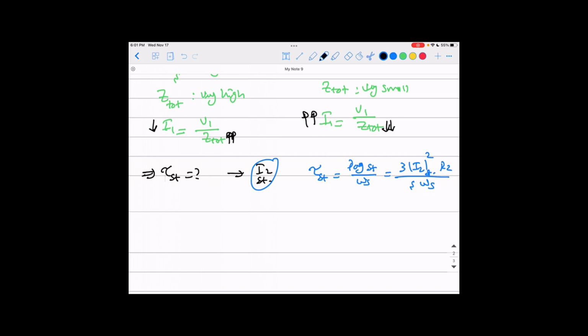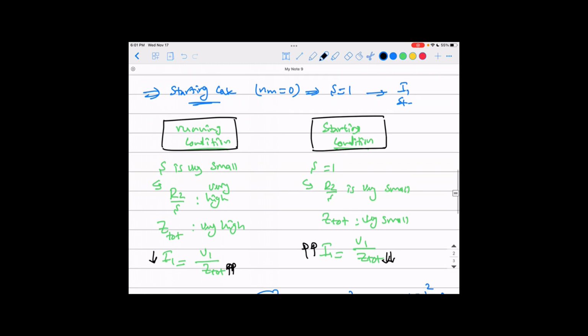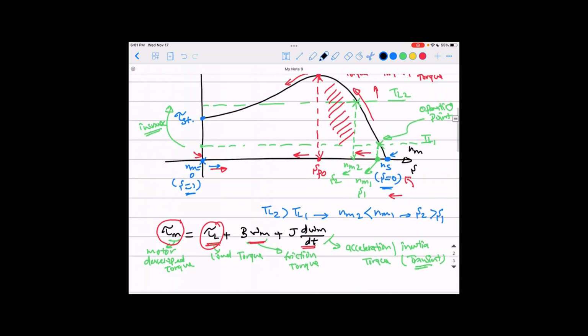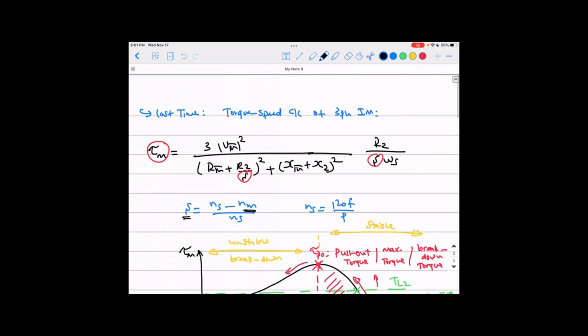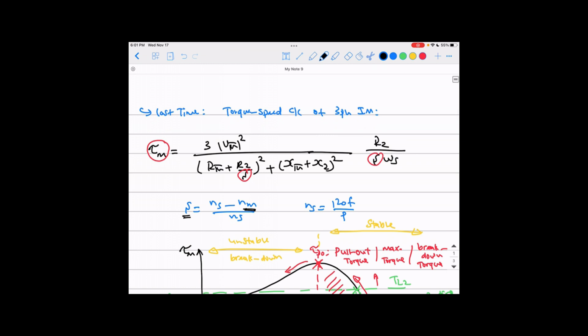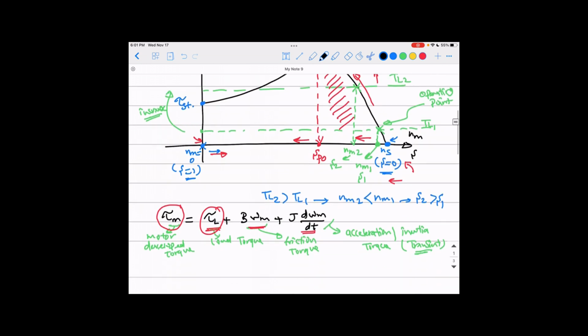Okay, and obviously S here equals 1. Okay, guys? Or you can go directly to the torque speed characteristic here and just place S equals 1. That is your torque speed characteristic. So if you place S equals 1 and calculate everything else, you can just find the torque, which now will be your starting torque also. So that easy.